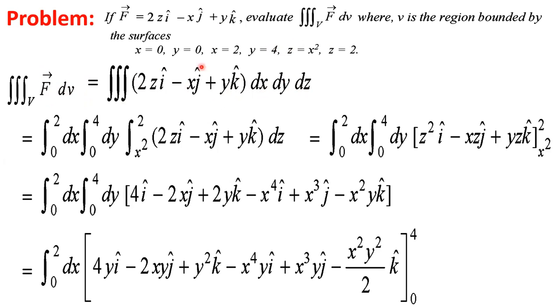Now, look at the limits. The limits of x and y are pure numbers, like x is from 0 to 2 and y is from 0 to 4. But the limits on z are given in the form of x. Our z is a function of x, and in this particular case, z is equal to x squared. So when the limits are given in the form of functions, we have to perform that integral first.